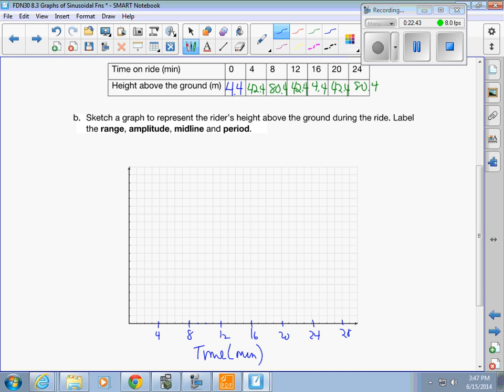This is our height in meters. So every 4, I'm going to say, is 20.